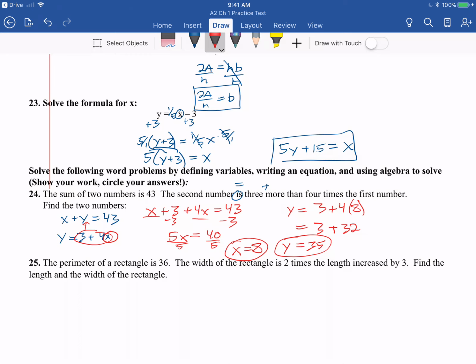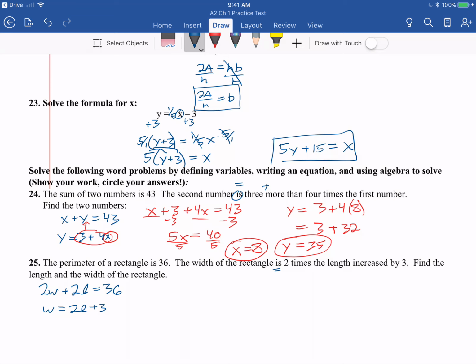Remember here, perimeter, perimeter, perimeter. We always have 2w plus 2l. That's going to be every single time in a perimeter equation, and it is now equal to 36, because that's what the perimeter is equal to. It says the width is equal to 2 times the length increased by 3, so plus 3. Now again, I have these two equations.